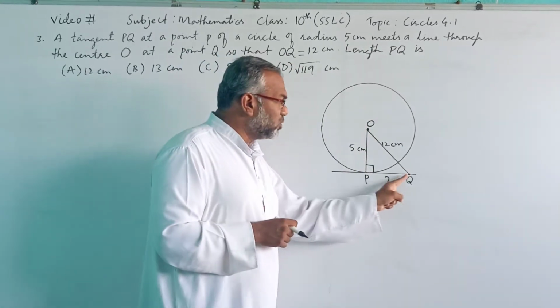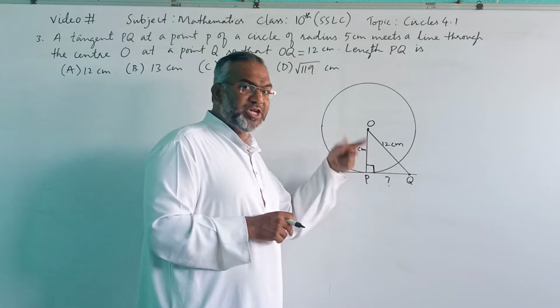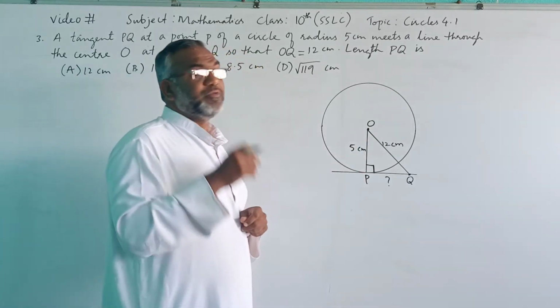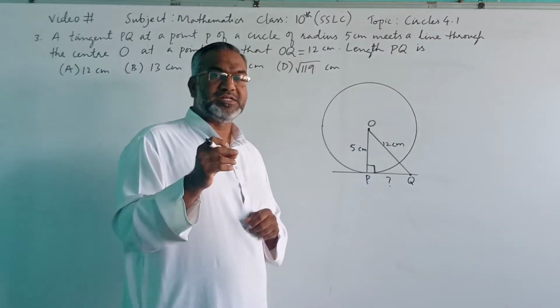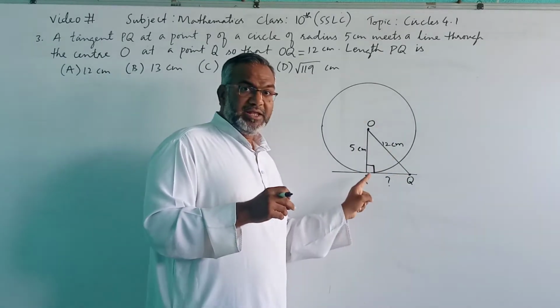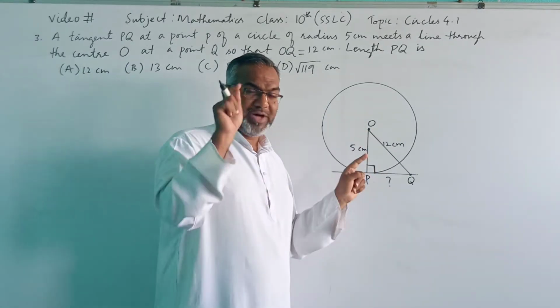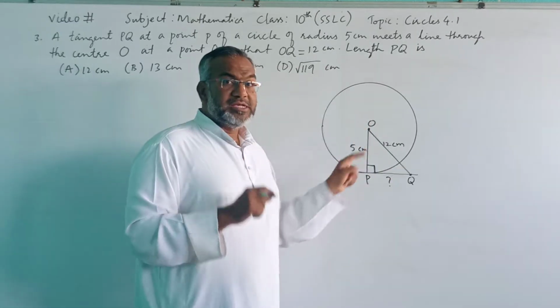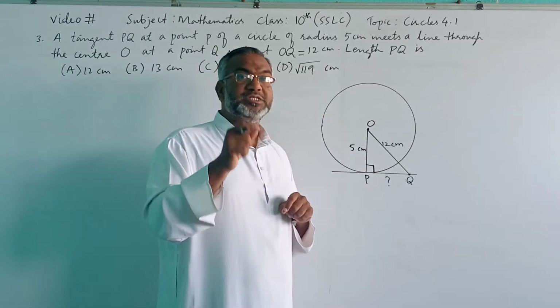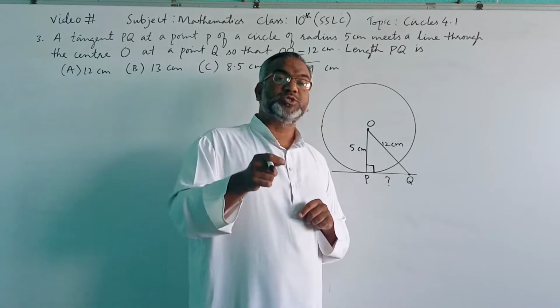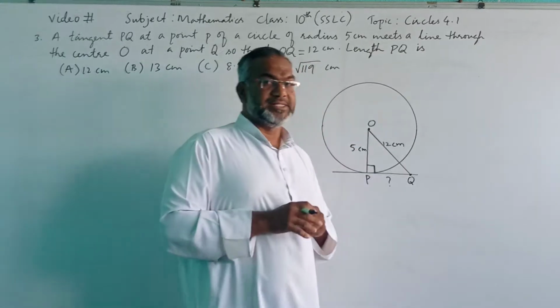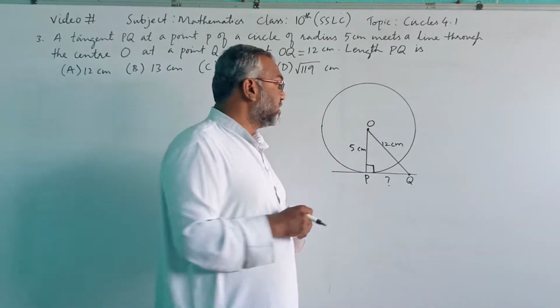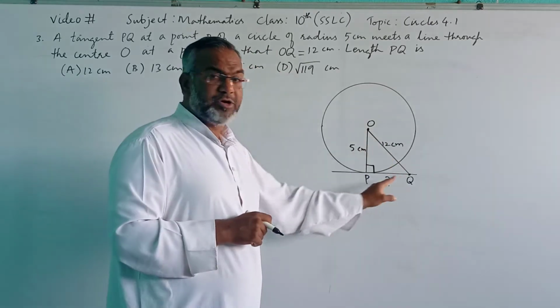Now we know that according to the Pythagoras theorem, in a right triangle, which means one angle must be 90 degrees, and we have it at P, the square on the hypotenuse is equal to the sum of squares on the other two sides, or legs, right? Now, which is the hypotenuse here?